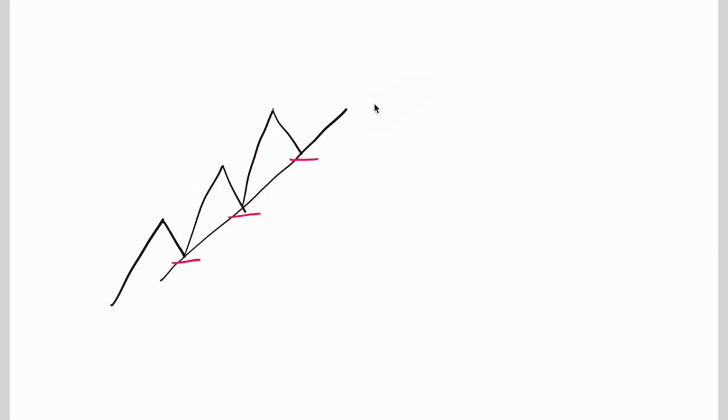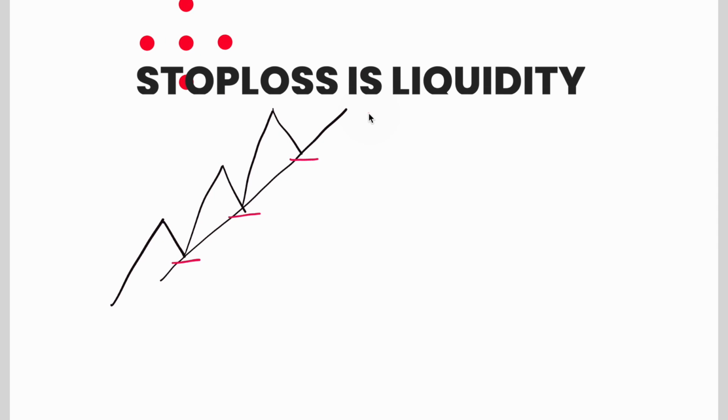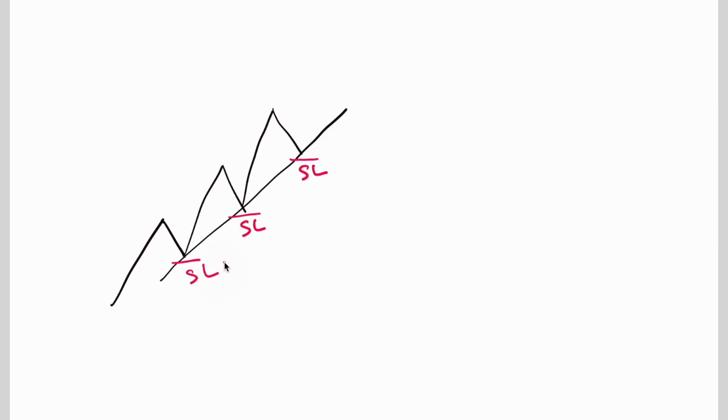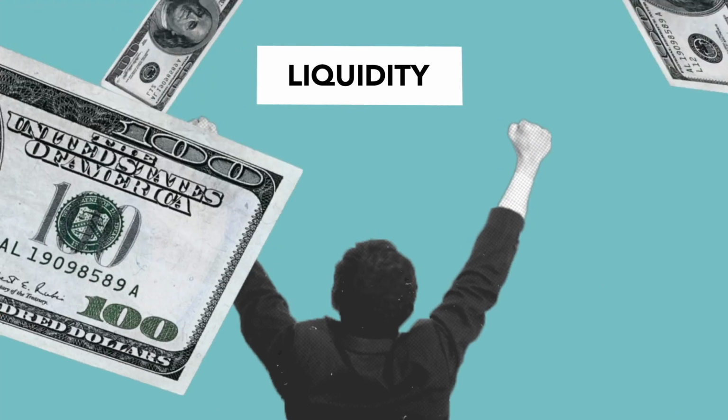Now, what is stop loss? Stop loss is liquidity. There is a lot of money, lot of liquidity waiting in each stop loss level. And what do market makers need to make the market move in their direction? Liquidity.